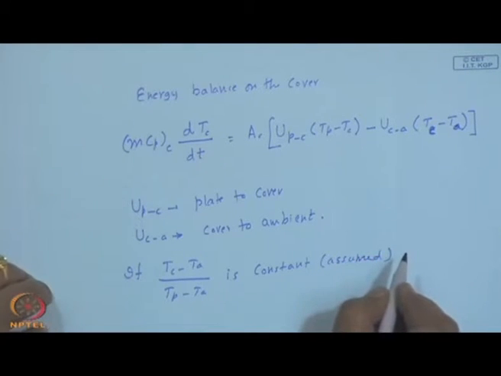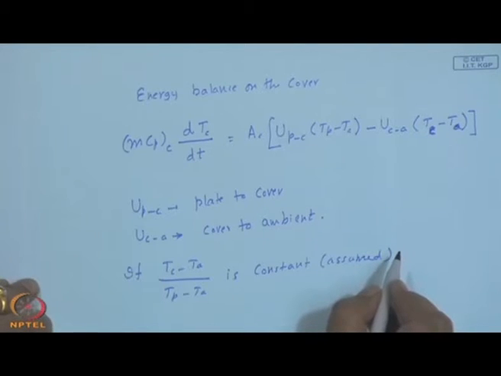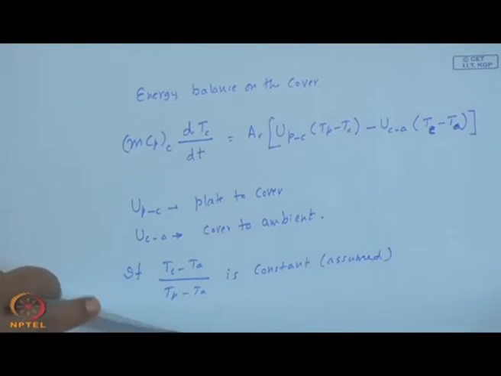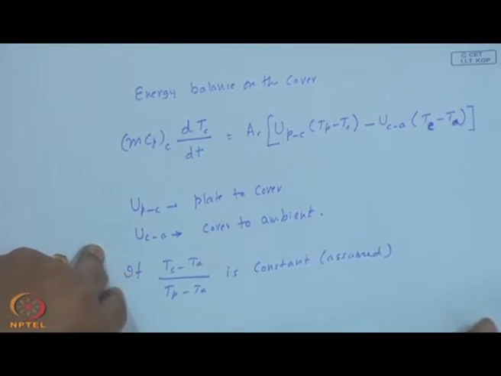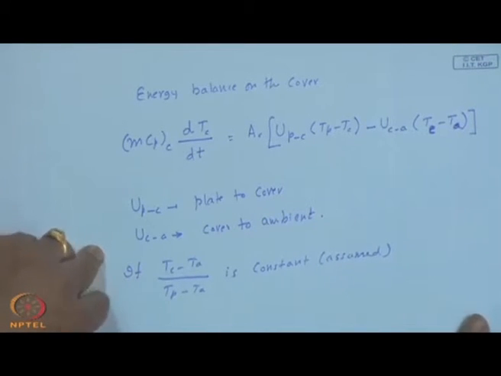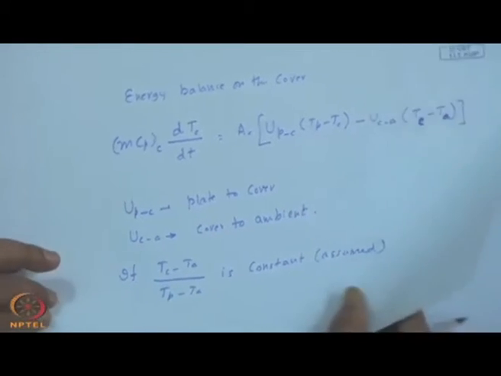T c is changing, T p is changing, T A is changing. So, we assume that the ratio is constant. It is something like a fully developed condition for the temperature field, though that is exact and this is approximate.